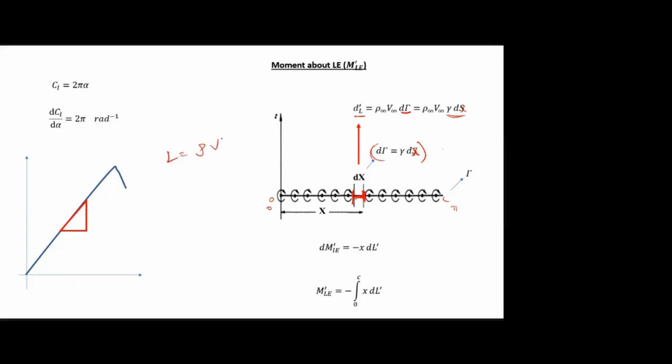Normally lift is rho v gamma, but here I am taking one small distance, so strength is d gamma, and lift is dL dash. That is rho v d gamma, and instead of d gamma, I am taking gamma dx. Is that clear? Lift for this small section. Any doubt in this?